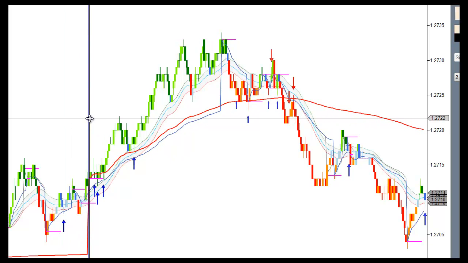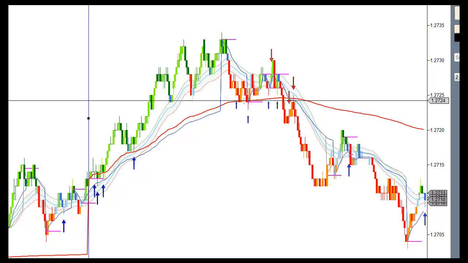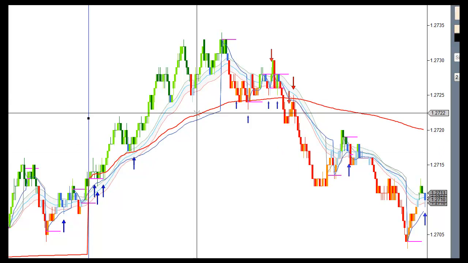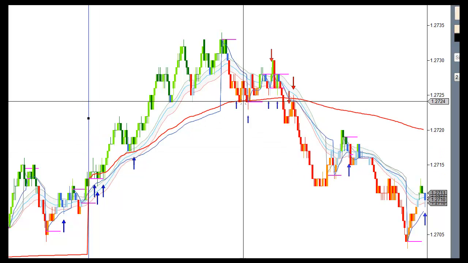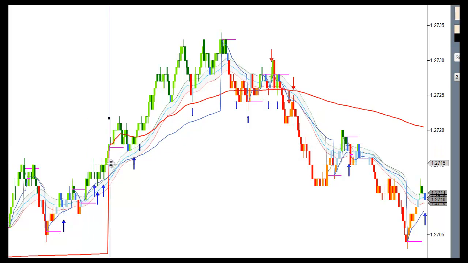The reason for this trade was this red Midas line. You can see it pulled back right into that line, and I'll get into why I was using this line a little bit later.